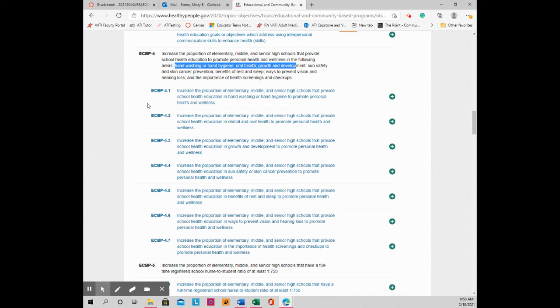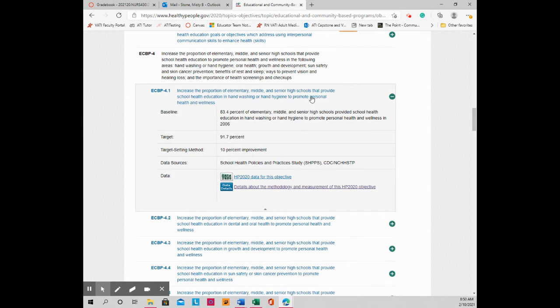So let's see. The first one says, well, look at that: provide school health education in hand washing and hand hygiene. This is the one I need. So this is my objective and my number, and then I will simply copy and paste this part here into my paper, making sure that I use direct quote citation. Okay. All right, so that's how you find that.